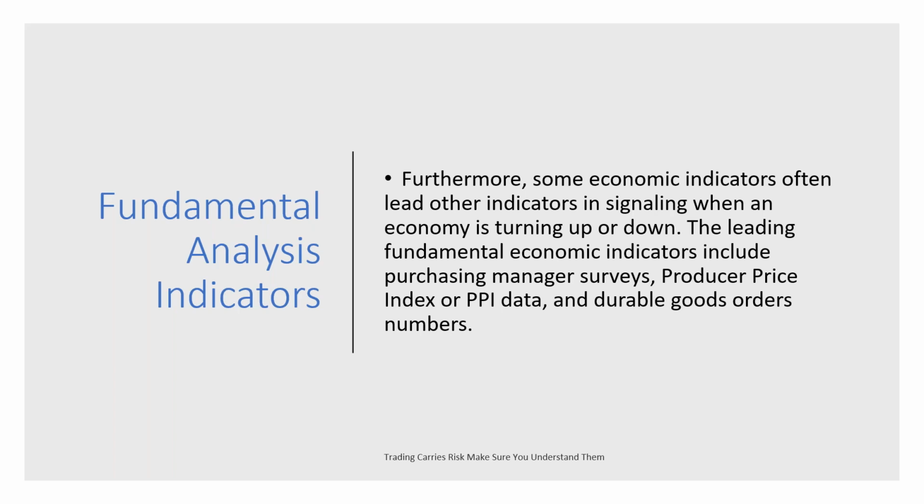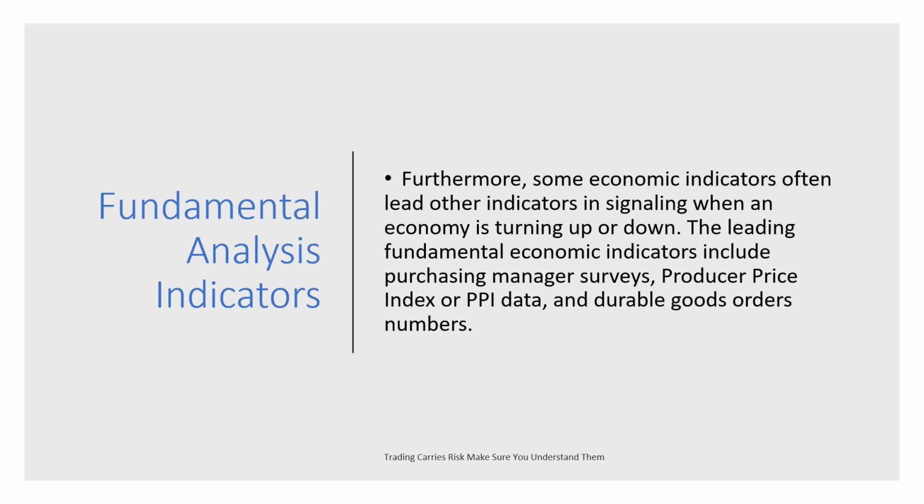Durable goods are goods that, I believe, cost more than $100. A refrigerator is a durable good, a washing machine, things that have a longer lifespan and not an exceptionally high price point, but are not things you're just buying to use and throw away. So durable goods numbers are very important.